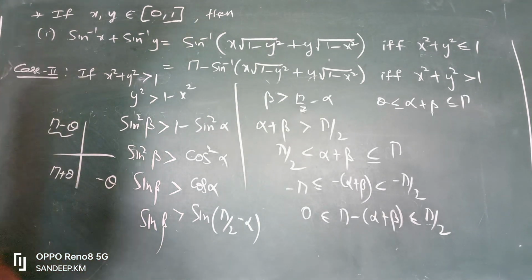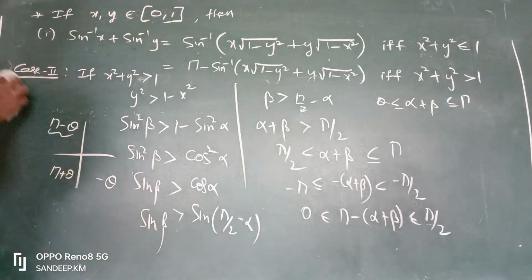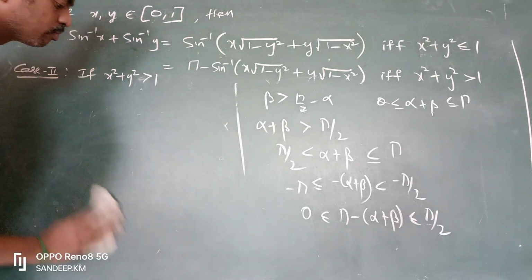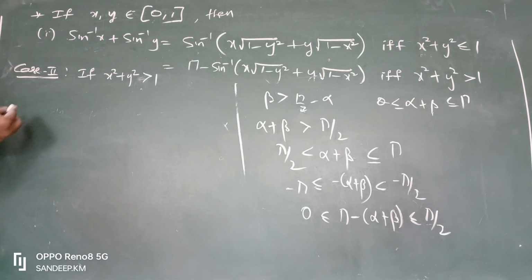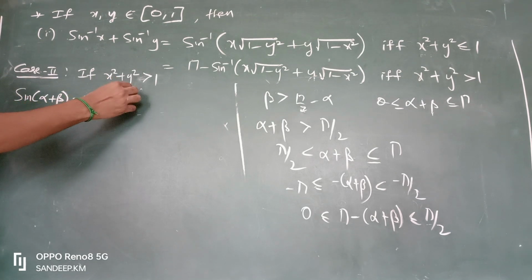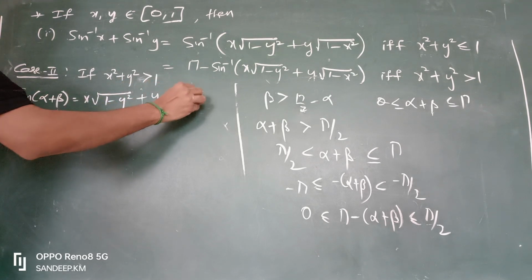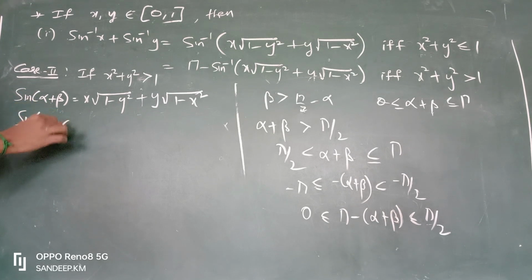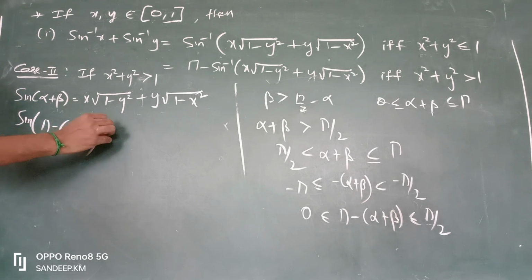Let us come back to the first equation. So what is the first equation? The first equation says that sine of alpha plus beta is equal to x into root of 1 minus y square plus y into root of 1 minus x square. Now I can write sine of alpha plus beta as sine of 180 minus of alpha plus beta.